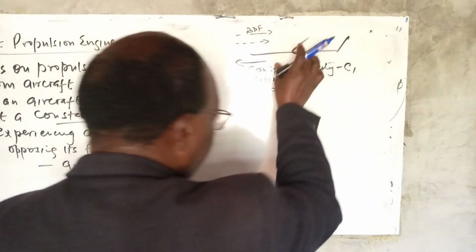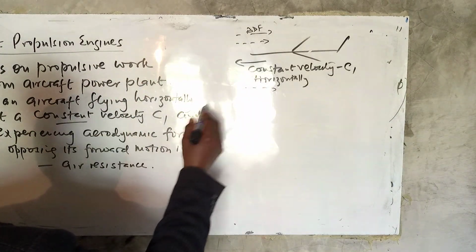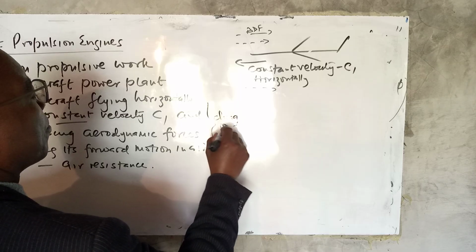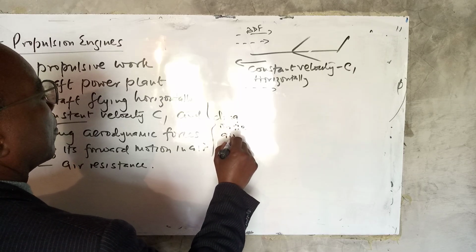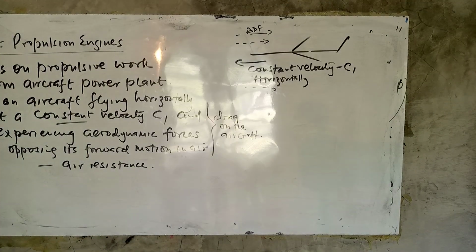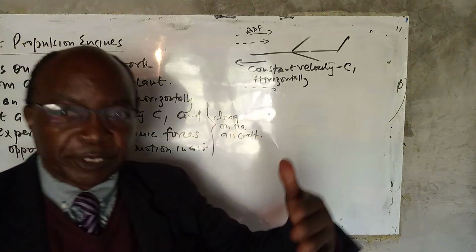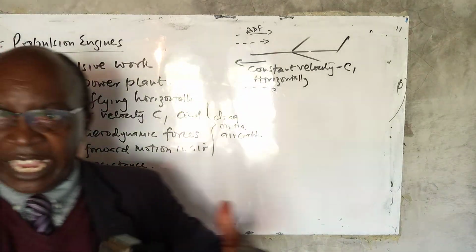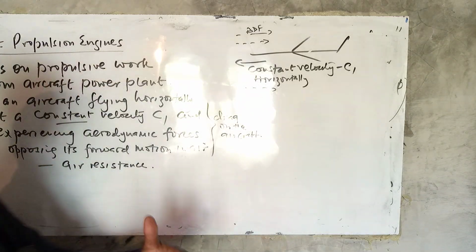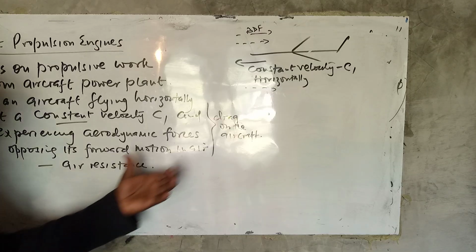We normally refer to that as drag on the aircraft. For that drag on the aircraft, there will be an opposite and equal thrust, which is a force against this drag.